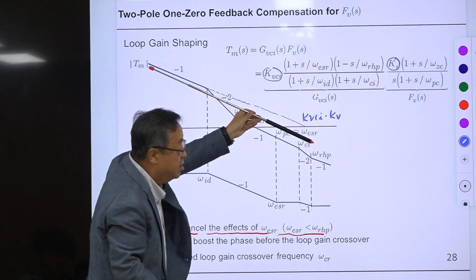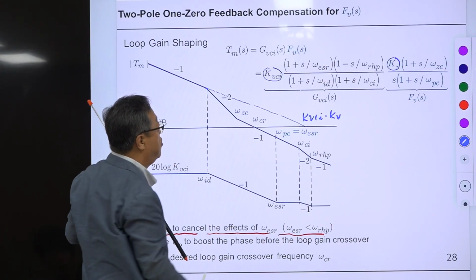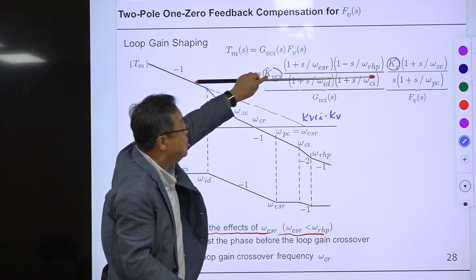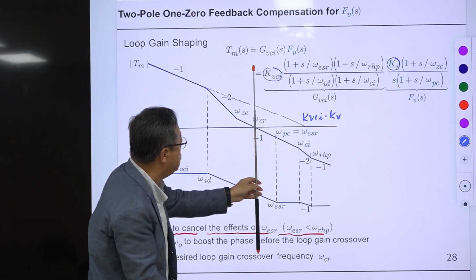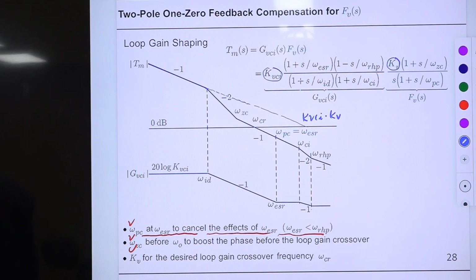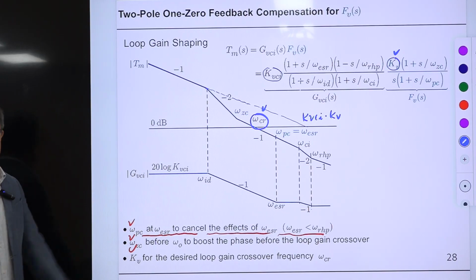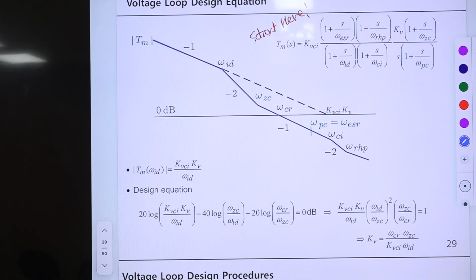Then this omega CR will shift in this direction to the higher frequencies. If you decrease KB, the plot will go down, and omega CR will shift to the low frequency. So there is a direct relationship between the location of omega CR and this value. KB will be determined by selecting this omega CR properly. That is explained in this lecture slide.